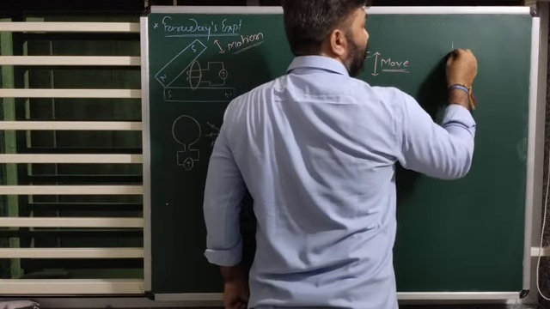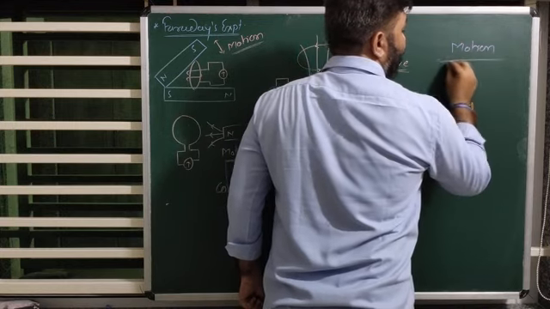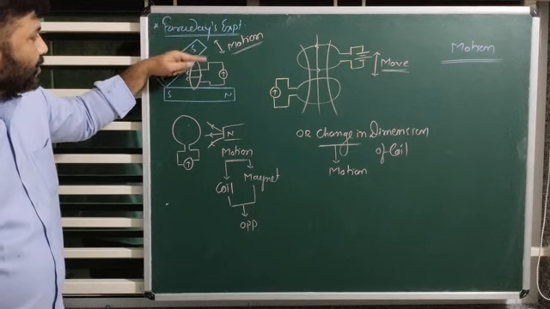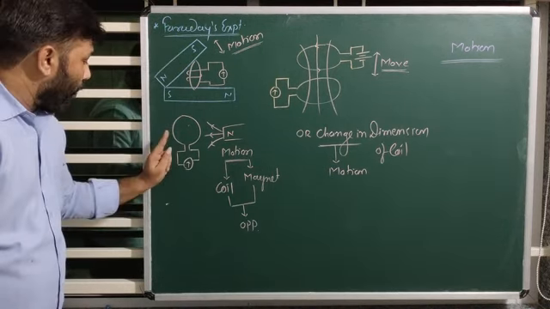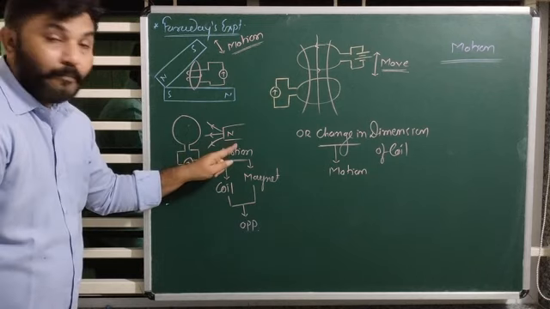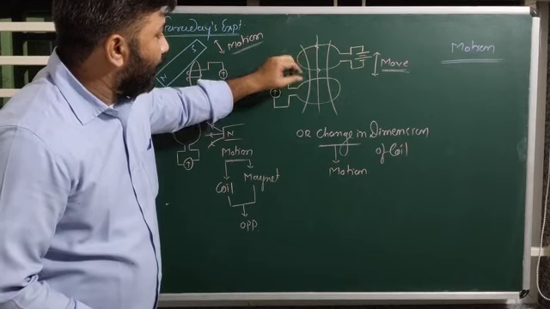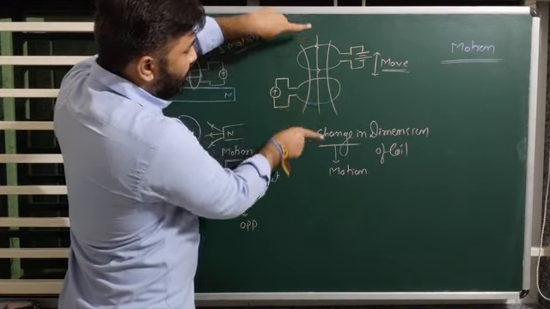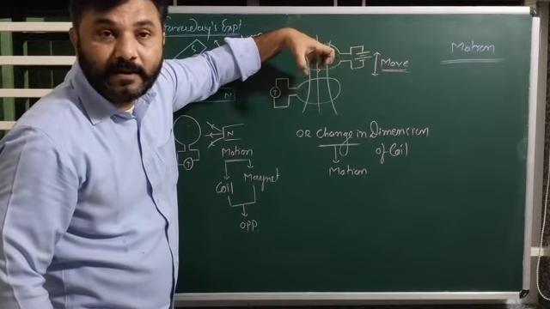Due to this motion of any, motion of any means here the magnet is moving, coil is steady, or the coil is moving, magnet is steady. In the system of two coils, any one coil is moving in the opposite direction. Here also the dimension of a coil changes, right?